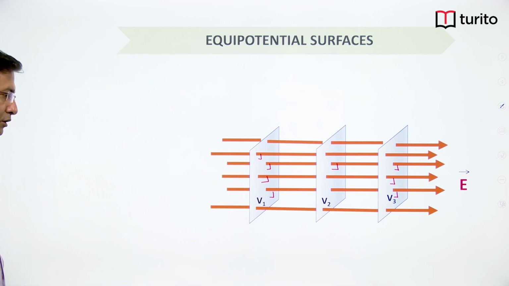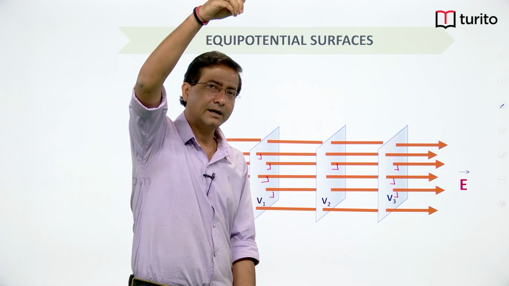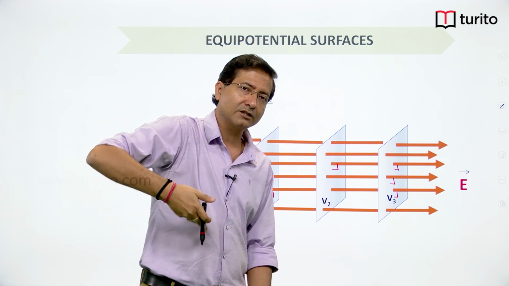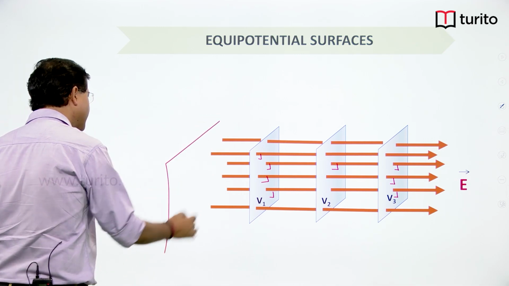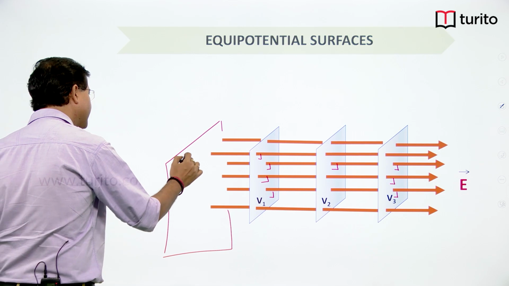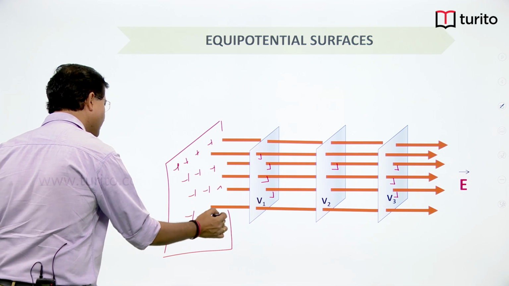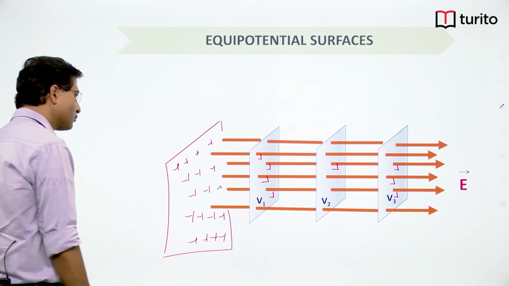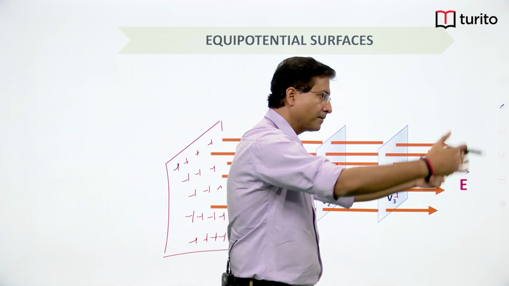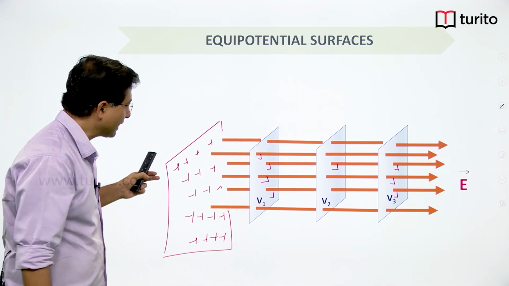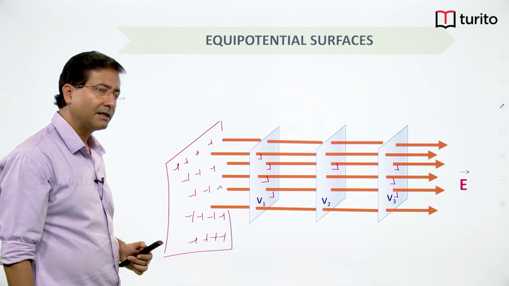Right. So, if I take a point charge, I will get a spherical equipotential surface. If I take an infinite straight wire, then I will get a cylindrical equipotential surface. If I take a uniform field, that might be created by some infinite sheet, then in front of this infinite sheet there will be planar equipotential surfaces, and as you go along the direction of the field, potential decreases.